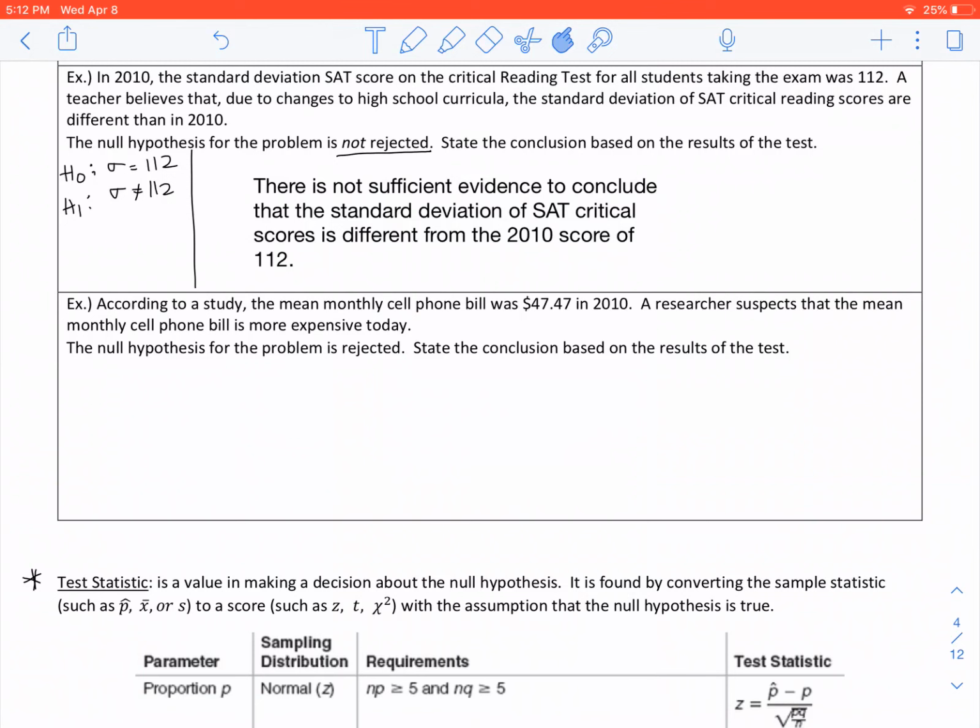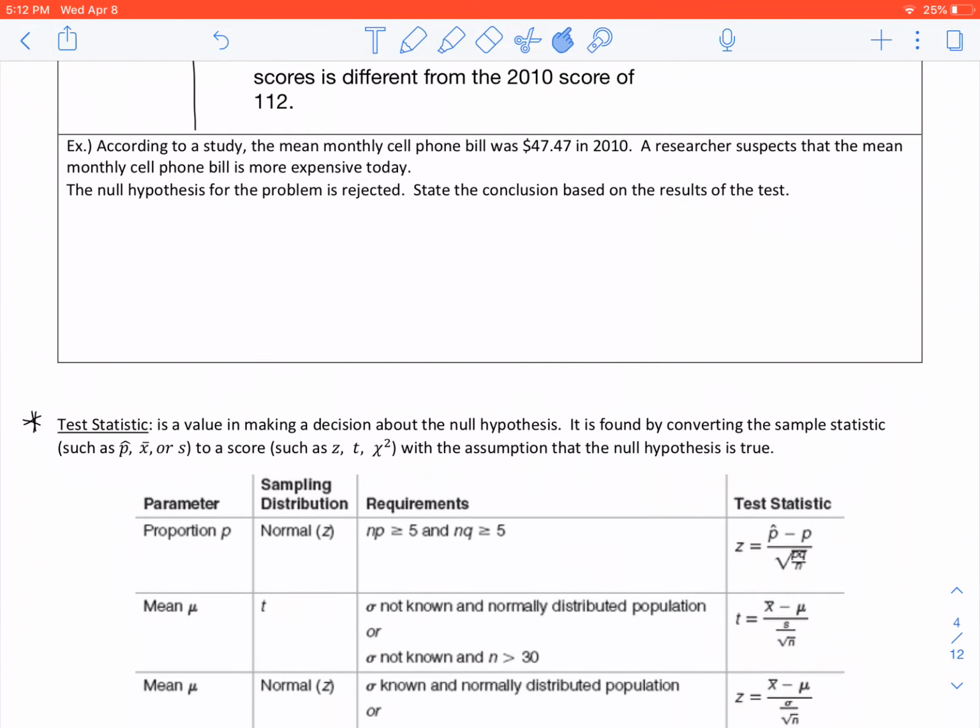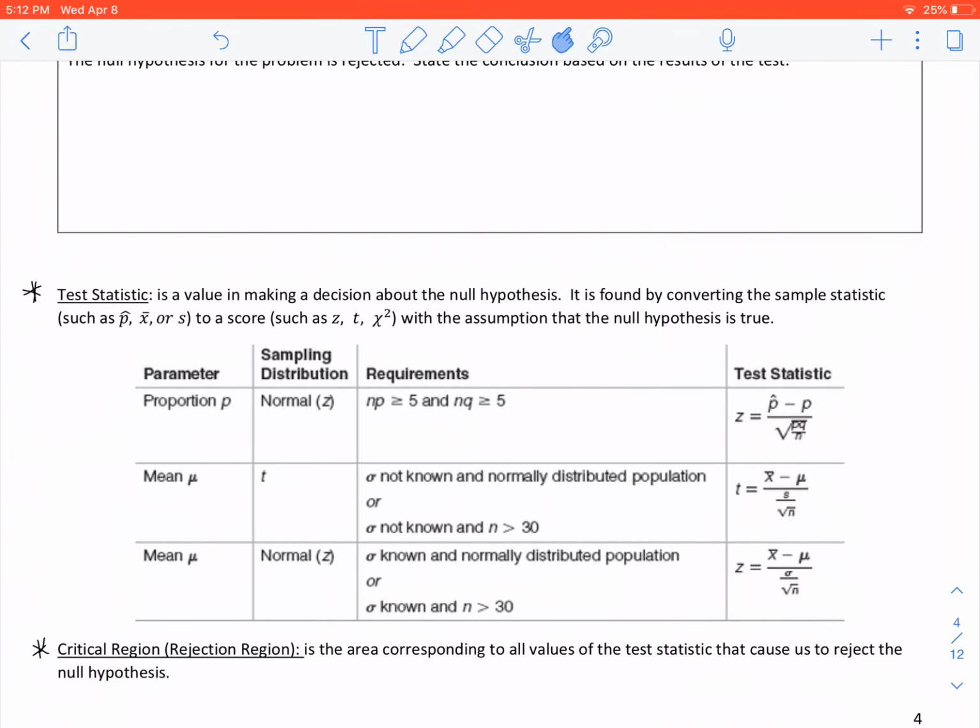The next thing down below is a test statistic, and this is a value in making a decision about the null hypothesis. It's found by converting the sample statistics, such as p hat, x bar, or s, to a score such as z or t, or a new one that we're going to learn, which is called chi-squared, with the assumption that the null hypothesis is true.